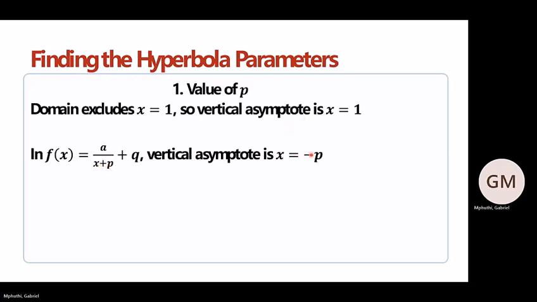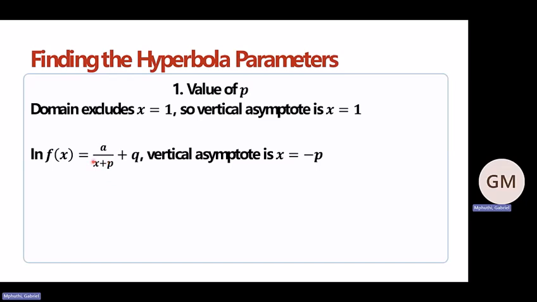Now, remember, for our denominator, x must not be equal to p, because if x equals p, this is going to be divided by 0.